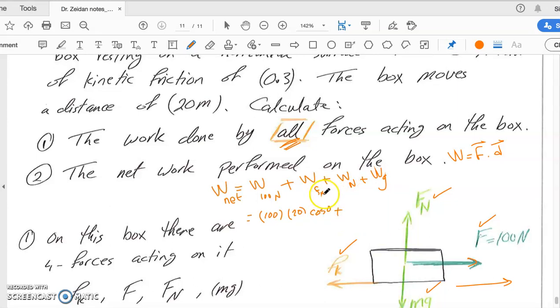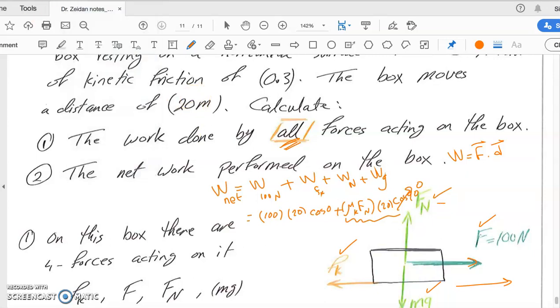What is the force of friction? Mu K times Fn, times the distance, which is 20, times cosine of the angle. What is the angle between the distance and Fn? It's 90, and the cosine of 90 is 0, so no need even to calculate these things. Sorry, we made a mistake here.